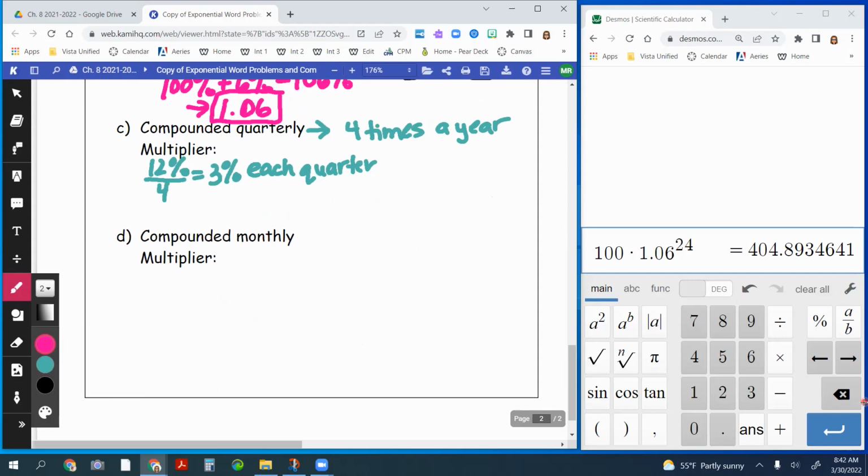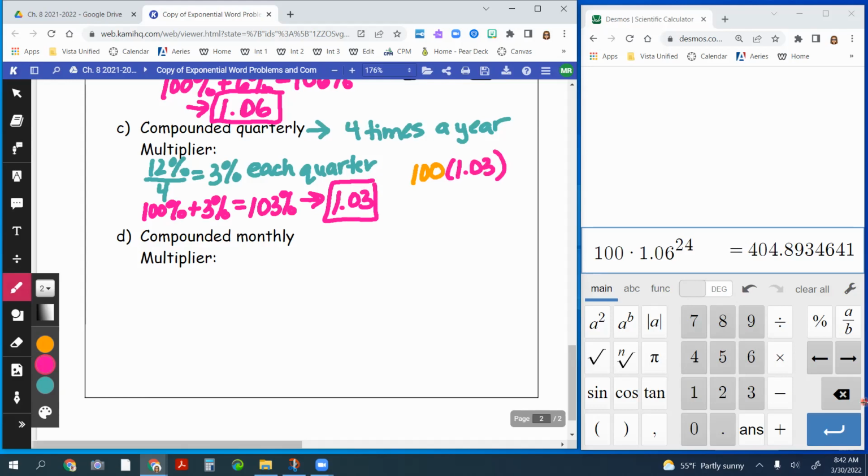So our multiplier is going to be 100% plus 3%, which is going to be 103%, so 1.03. So we're going to start with our $100 times our multiplier, which is 1.03. Now remember, this is quarterly, so it means she's going to get this 4 times a year for 12 years. So basically 48 times she's going to get this money.